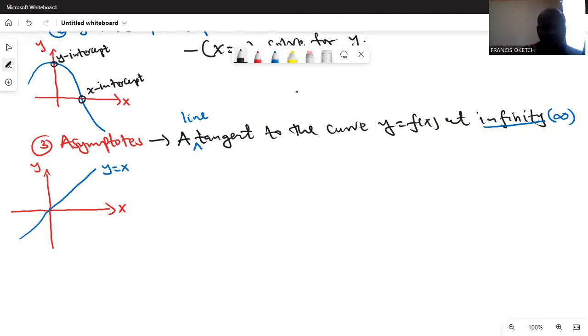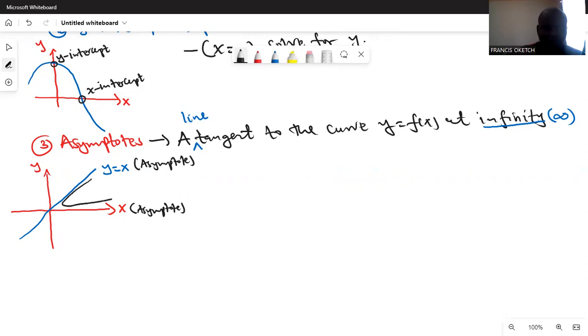In this case, let's say we also have another asymptote, and this one is also an asymptote. If I were to draw a graph, it will be something like this one.